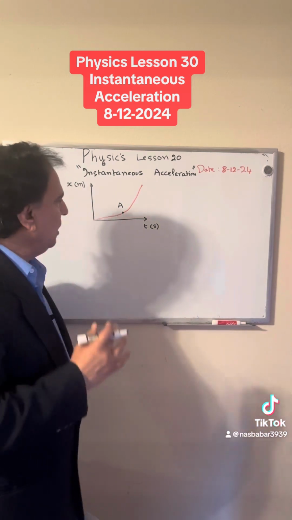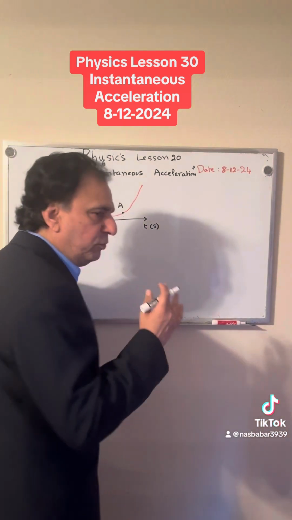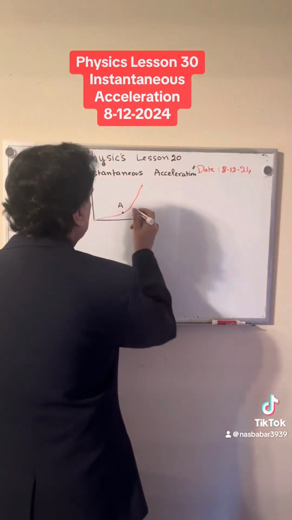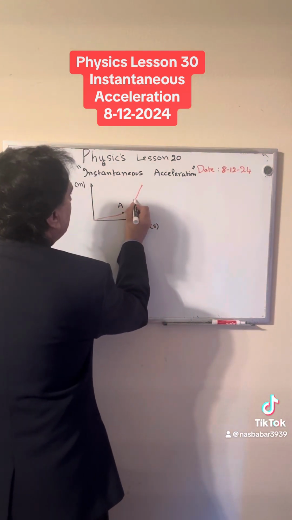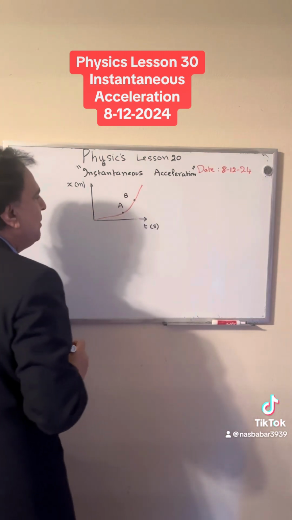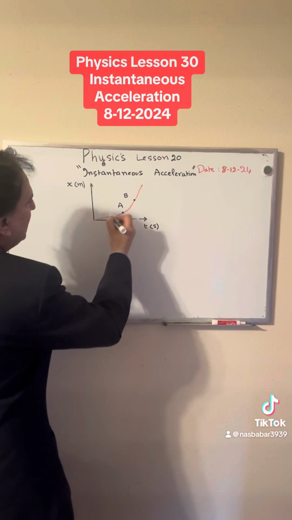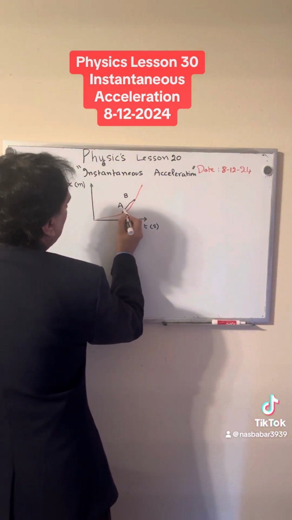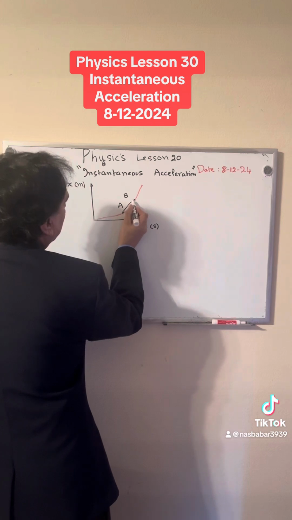Well, if you recall, in order to find instantaneous velocity at point A, we pick another point. Let's say we pick point B right here, and then we join these two dots. My line might not be straight, but forgive me for that.